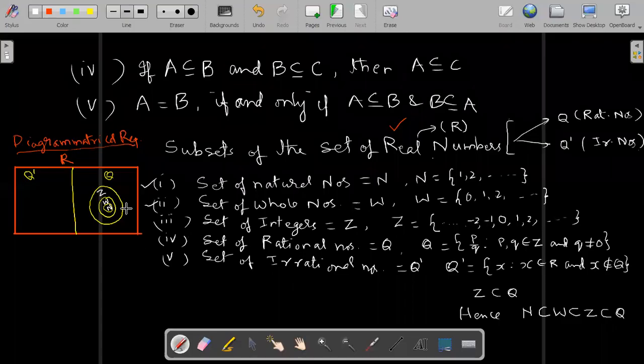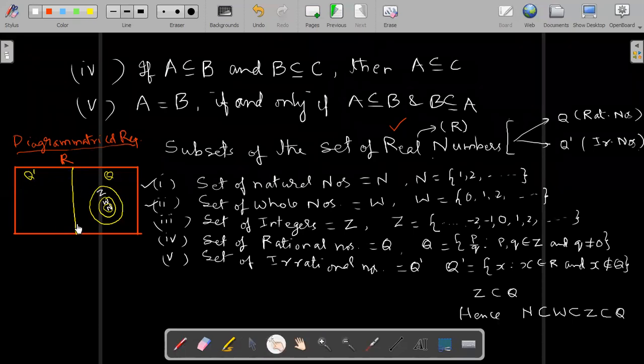So diagrammatically, we can represent the sets like this. The biggest set is the real numbers, which contains all the numbers in the universe. So this rectangle represents our real numbers. And this is further divided into two parts, irrational and rational. Q dash is irrational numbers.